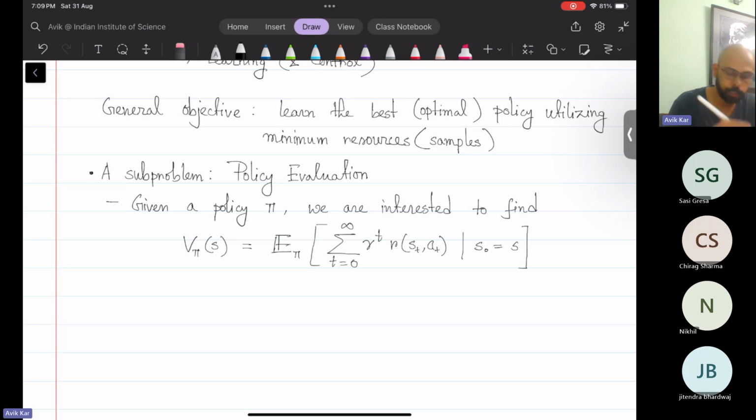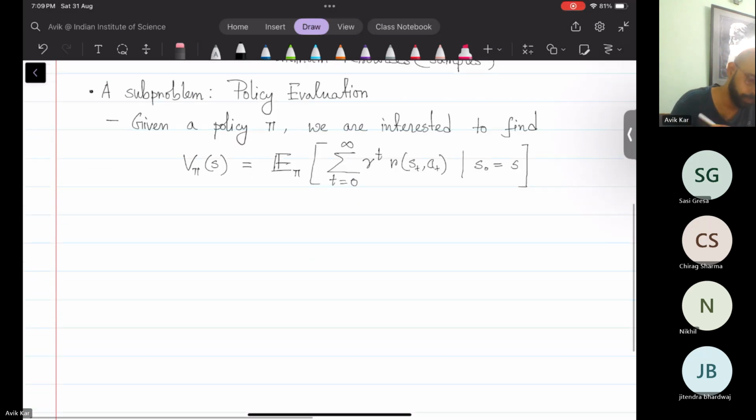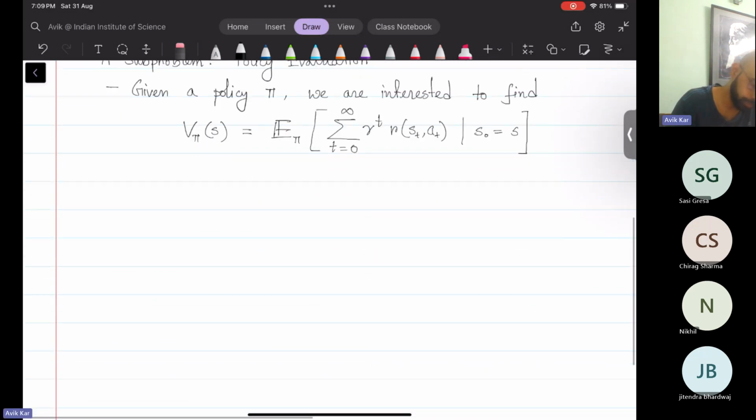This expectation over pi means the action a_t is taken according to policy pi. This thing we want to evaluate.